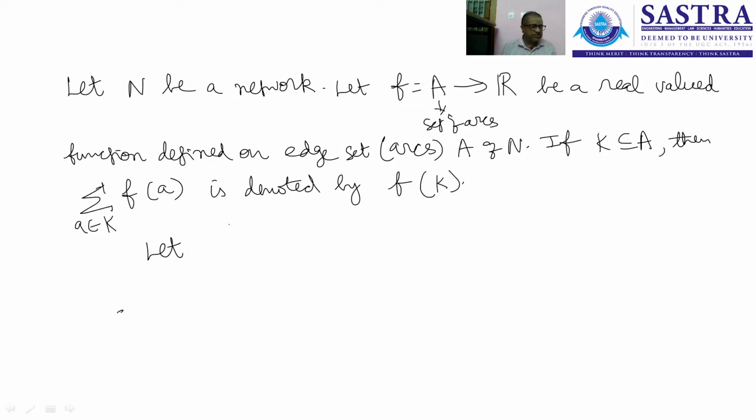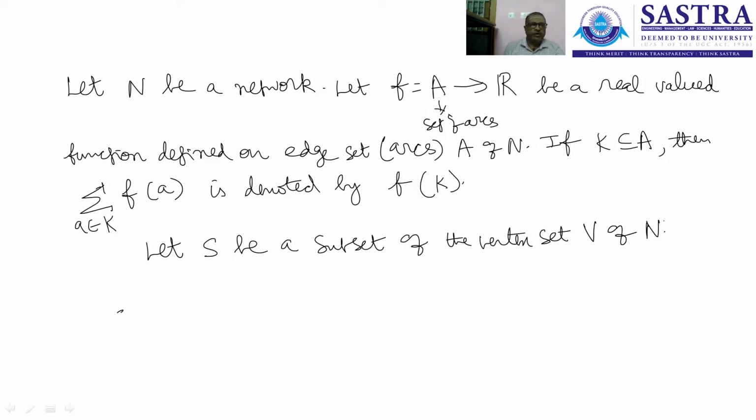Let S be a subset of the vertex set V of N. Then the complement of S, which is denoted by S bar, denotes the set V minus S. I use S bar as the complement of S.